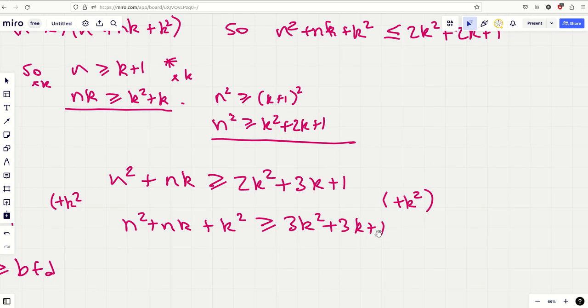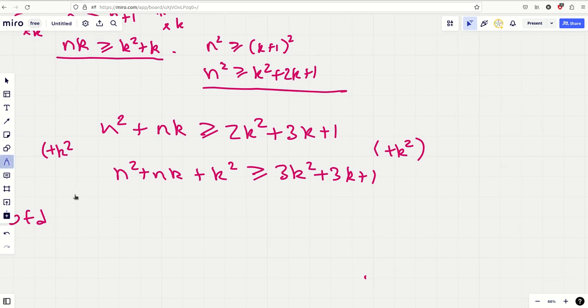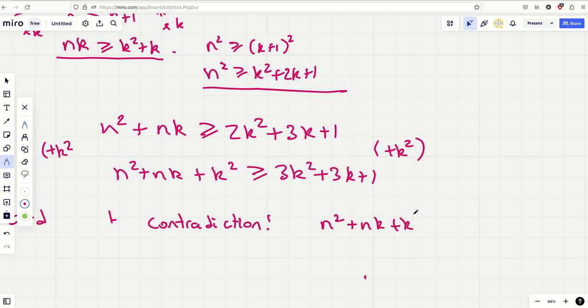And so we end up with this quite bizarre contradiction. There's a contradiction here, and I'm going to point out at the end why I think they were trying to argue this, but it just looks a little bit different to my answer, because what we've ended up with is that n squared plus nk plus k squared is both greater than or equal to this, but less than or equal to something which is strictly smaller than that.